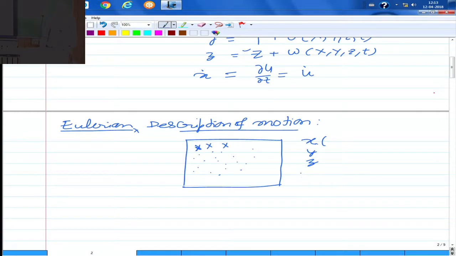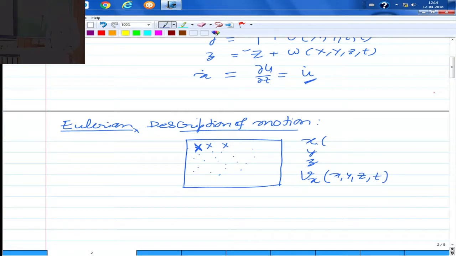For example, the velocity, which I denote differently from what I used there, u dot. Let us say I have the x component of velocity of a material point which is here. This is a function of the current coordinates x, y and z, and of course it is also a function of time.